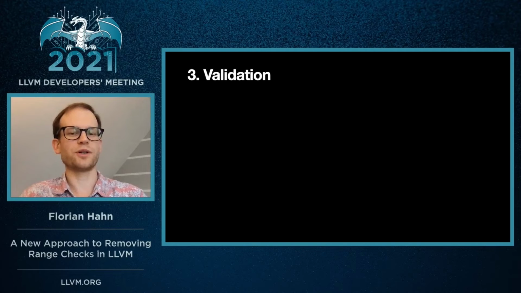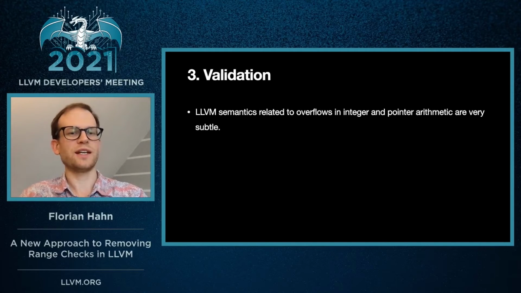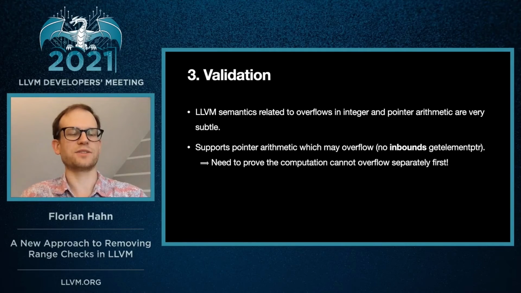Now let's briefly talk about validation of the transformation. We're interested in validating the transformation because the LLVM semantics related to overflows in both integer and pointer arithmetic the transformation deals with can be very subtle, and it's easy to get edge cases wrong. We also need to support pointer arithmetic, which may overflow.